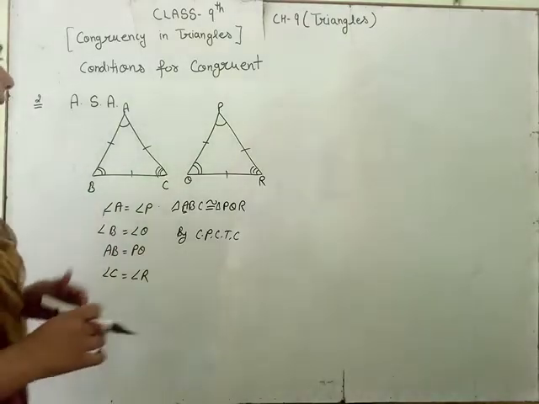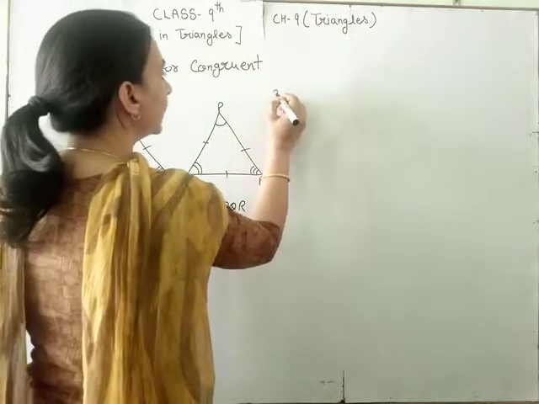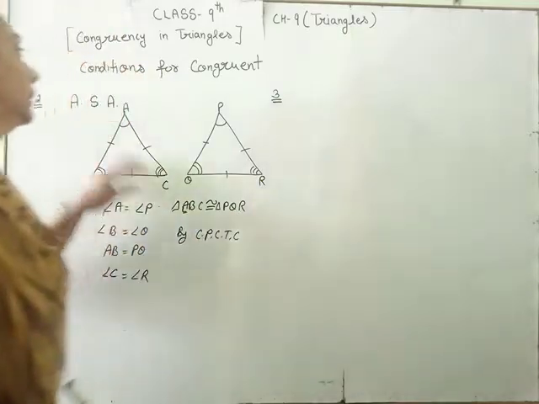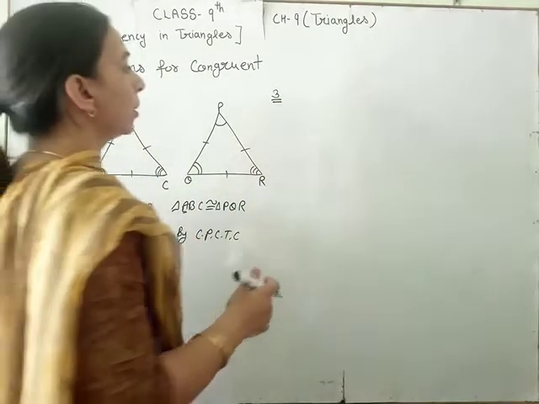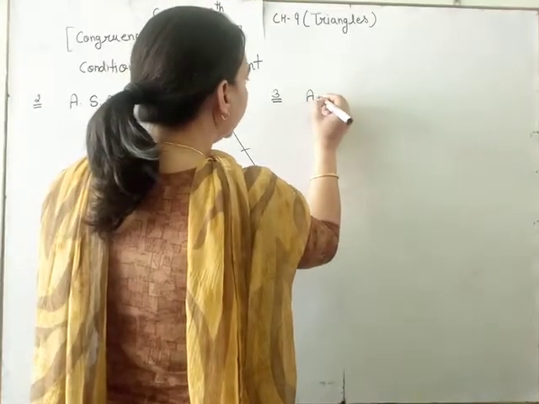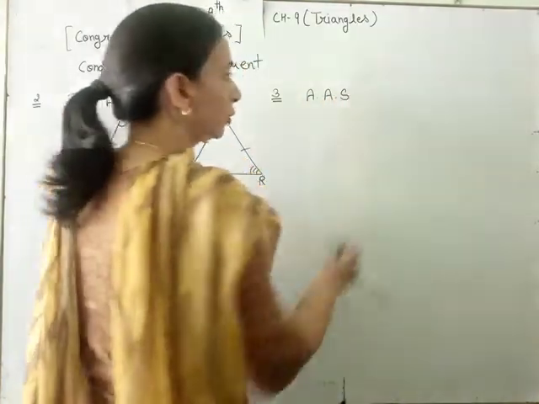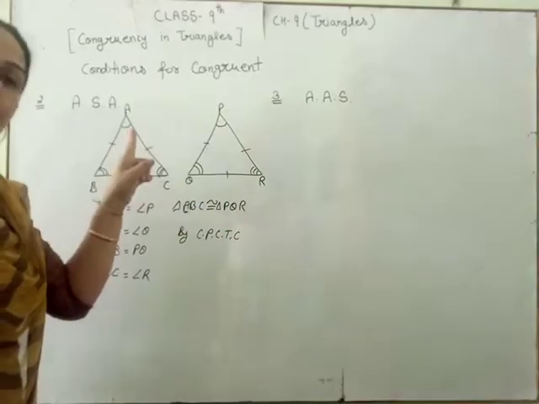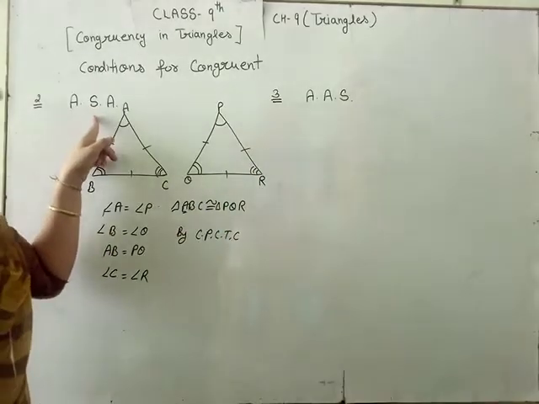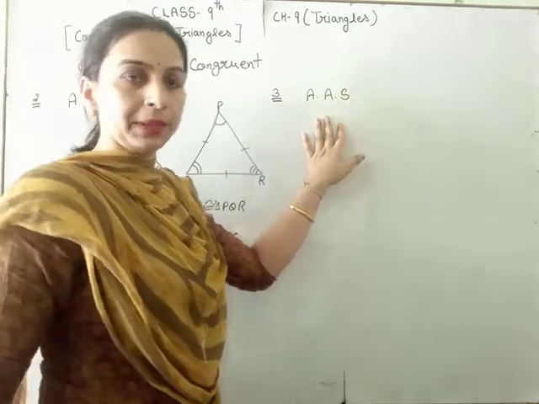Okay, the next condition is condition number three. This is angle, angle, side: two angles and one side. There is also the same angle-side-angle, but here the side is not the included side.